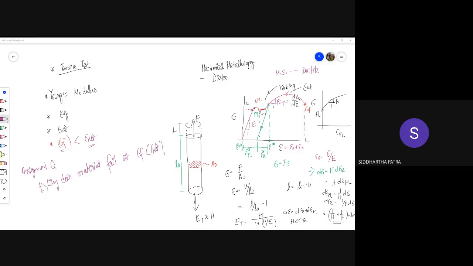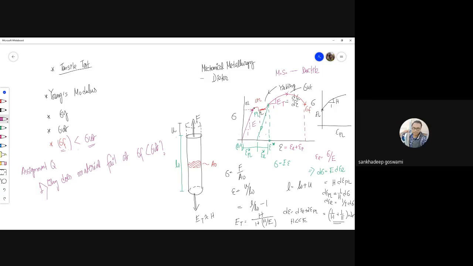Yes, what is your question? Actually, sir, at the origin, in the epsilon pl zone, you said that whenever the force is removed, the material should not regain its original length.